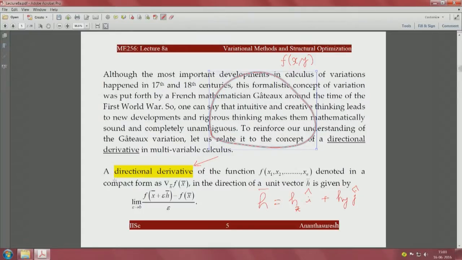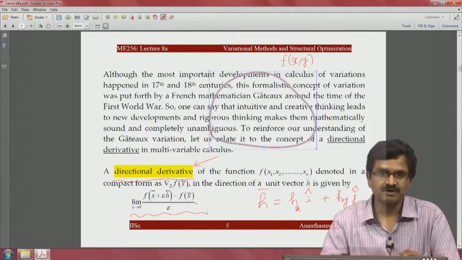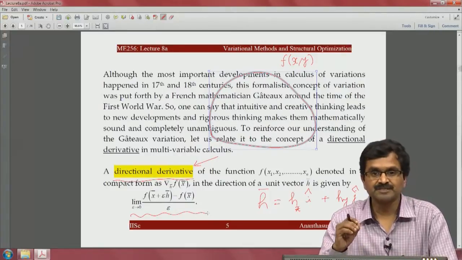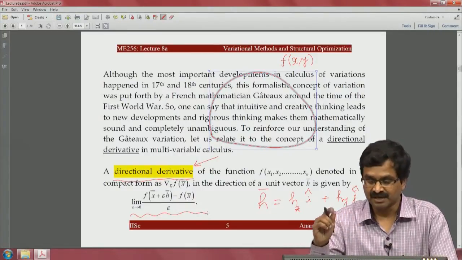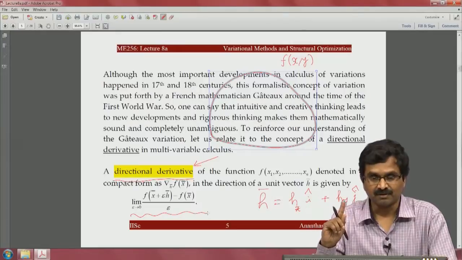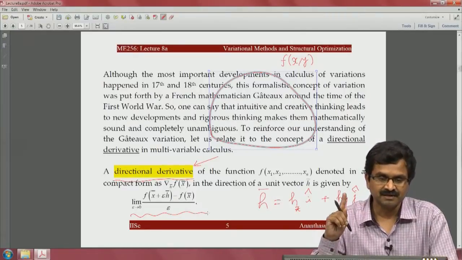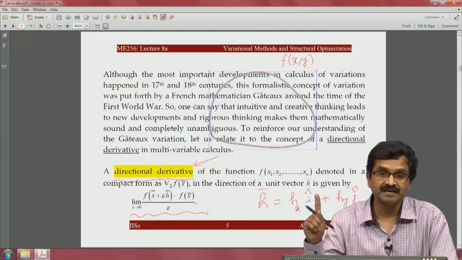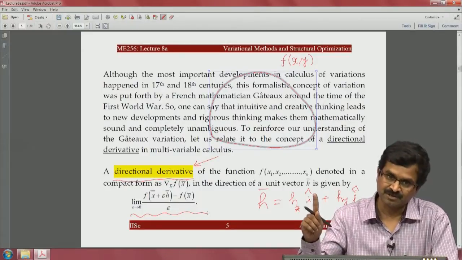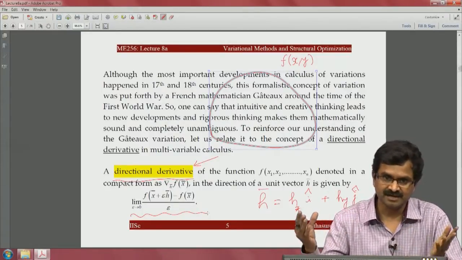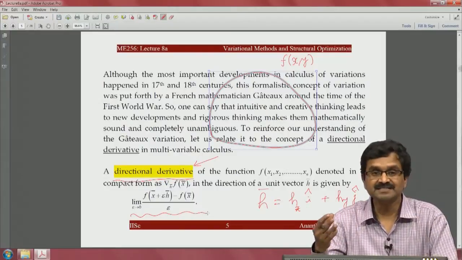That is given by this concept of the directional derivative, that is defined in this manner. That also, like anything that is a gradient, is always defined in terms of a limit. Here, limit epsilon tending to 0, f of x plus epsilon times h. Here h is not arbitrary, although you can ask the rate at which a function changes in any direction. In that sense h is arbitrary, because you can ask in any direction, but h is given.